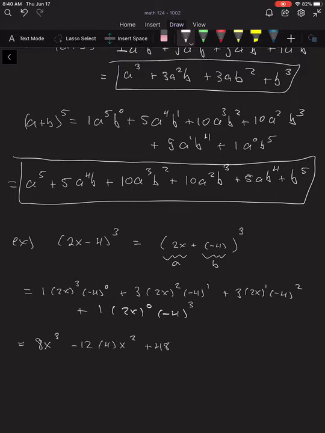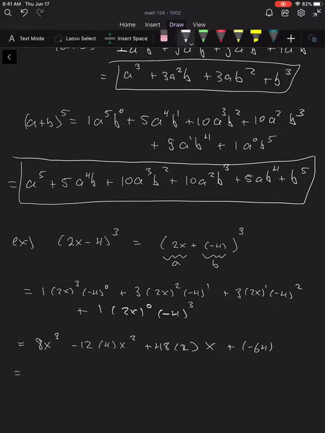Then there's a 2 to the 1 power, so that's just a 2, and then an x. And now we have 4 to the 3. So let's see, 4 times 4 times 4. Oh, but it's minus 4 to the 3, so we're going to get a negative 64. And then 2 to the 0 is just 1. So that's all we have for that last term, because we have 1 times minus 64.